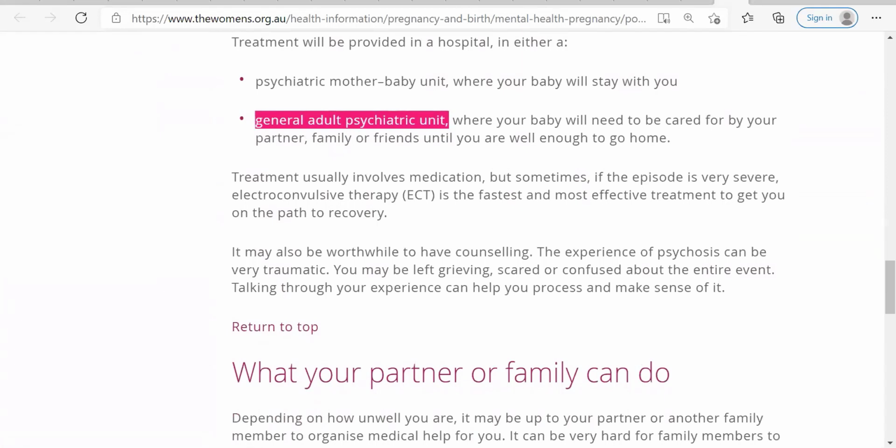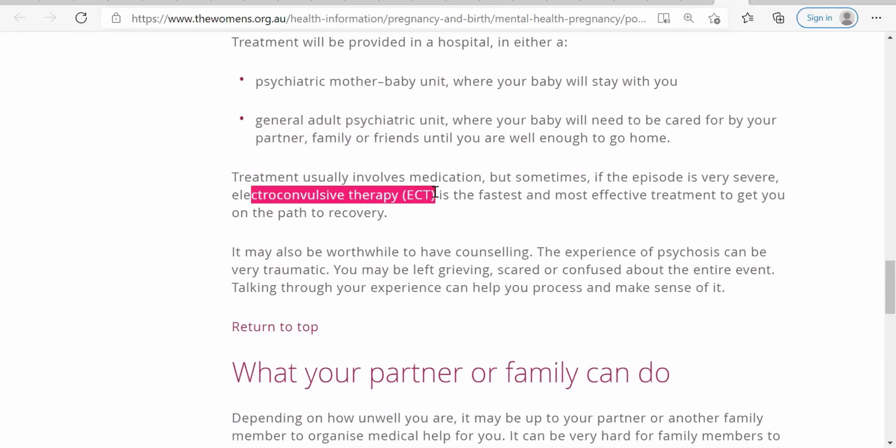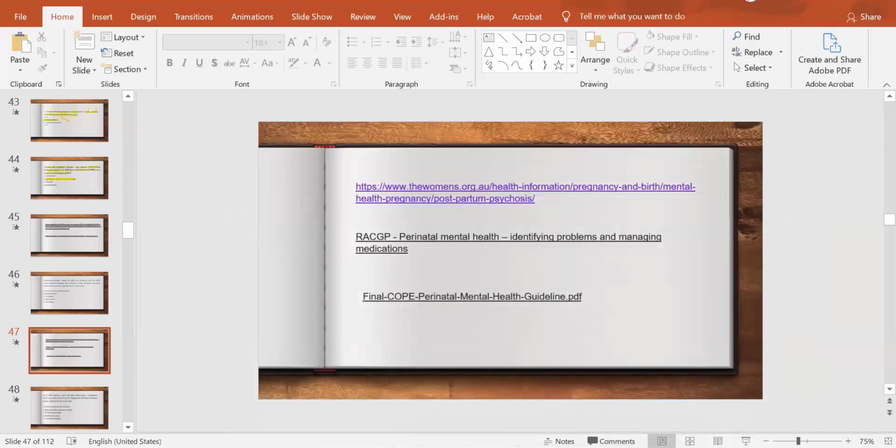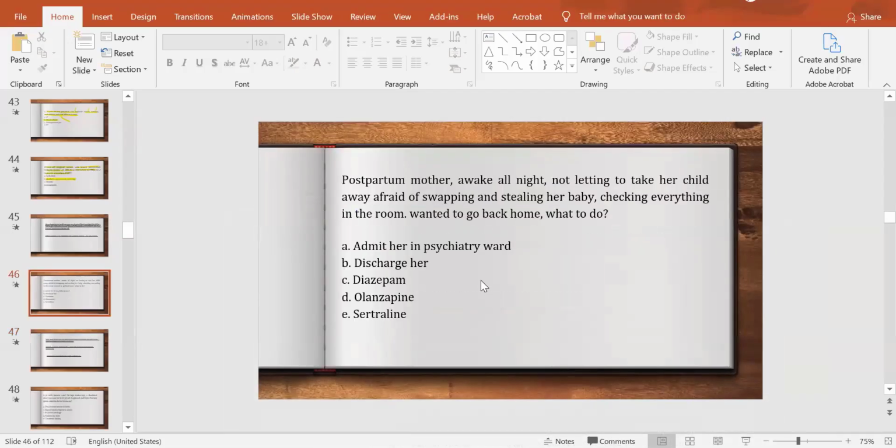If sometimes they ask you what is the first test or most effective treatment for postpartum psychosis, that should be ECT. All right, so admit her first with psychosis, admit first.